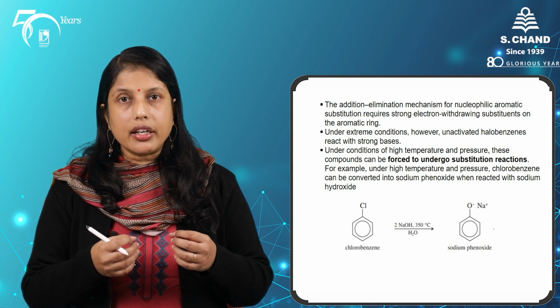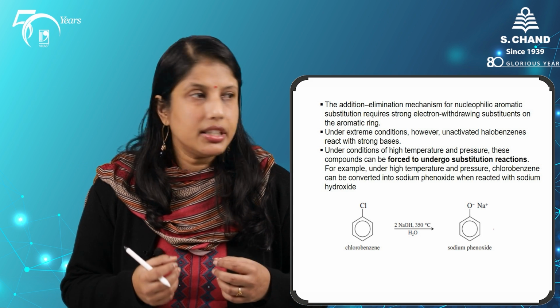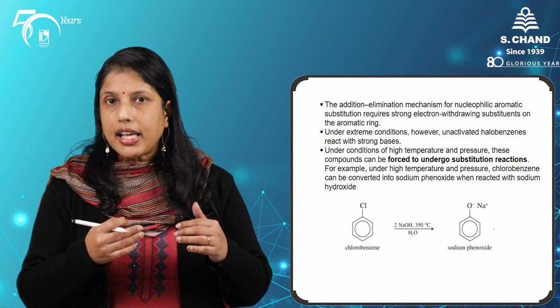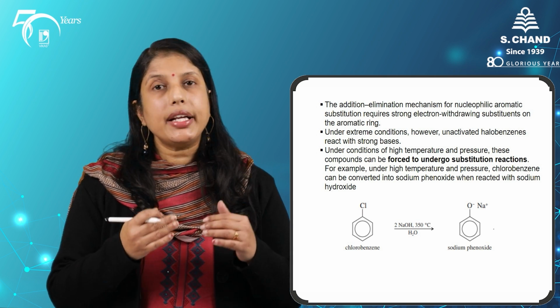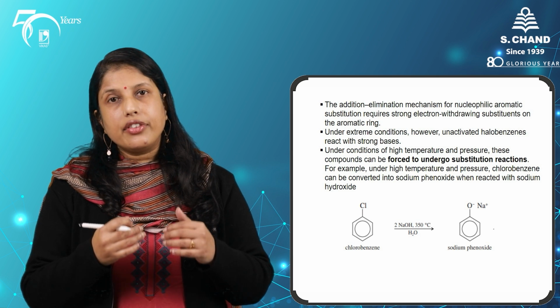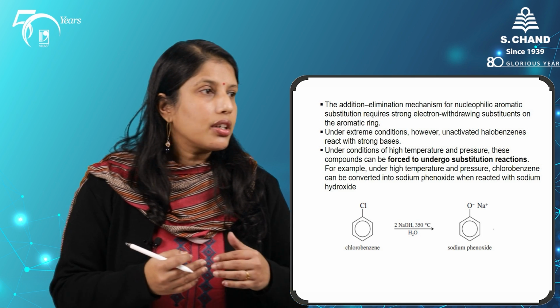Sometimes what's required is a very harsh condition. So, for example, under high temperature and high pressure, chlorobenzene is converted to the sodium phenoxide when reacted with sodium hydroxide. But let's come back to the question which I had asked you.